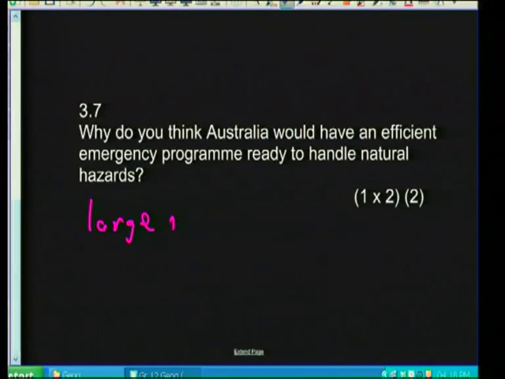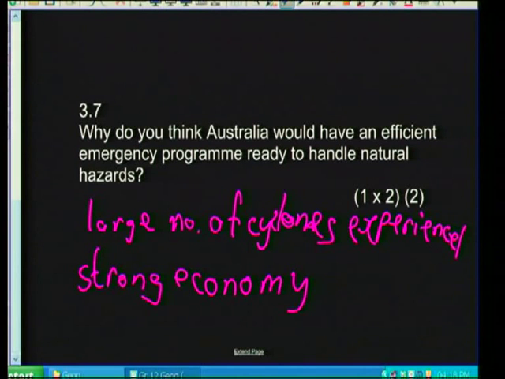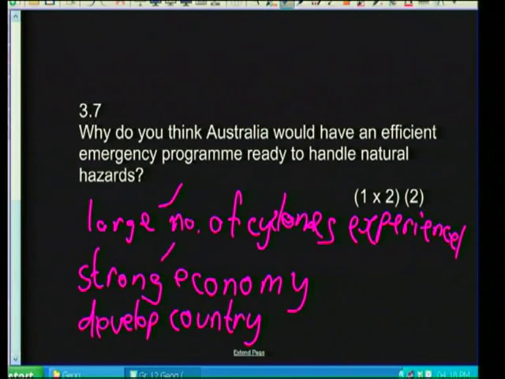So the large number of cyclones that they experience, and it's a strong economy, so they've got the money to put into this, right? Some countries have a large number of cyclones, but they don't have the money. Or they are developed countries. Okay? So any of these sort of answers here would give you 2 marks.